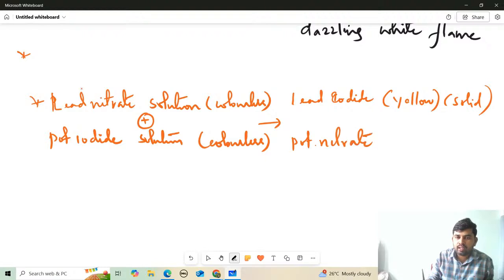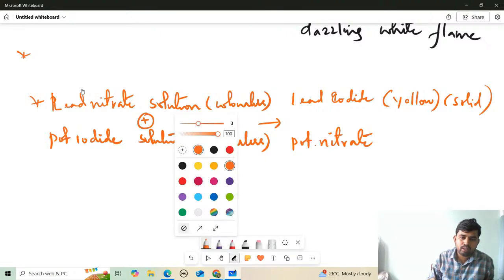This is activity 1.2. One more activity is there, one more activity they have given to understand this chemical change.